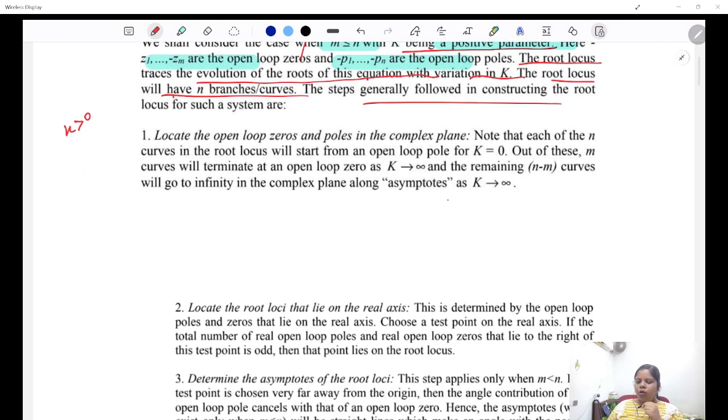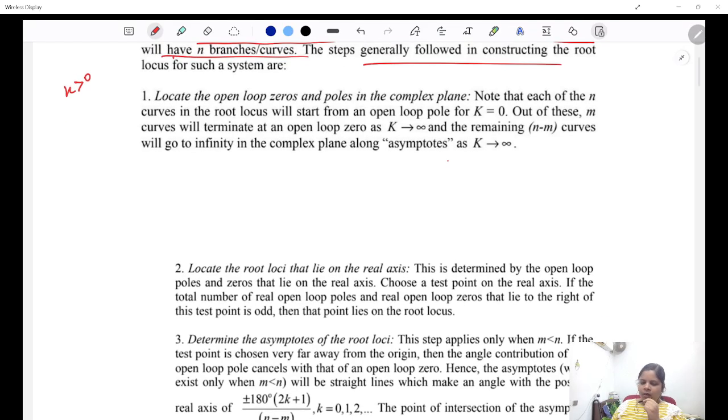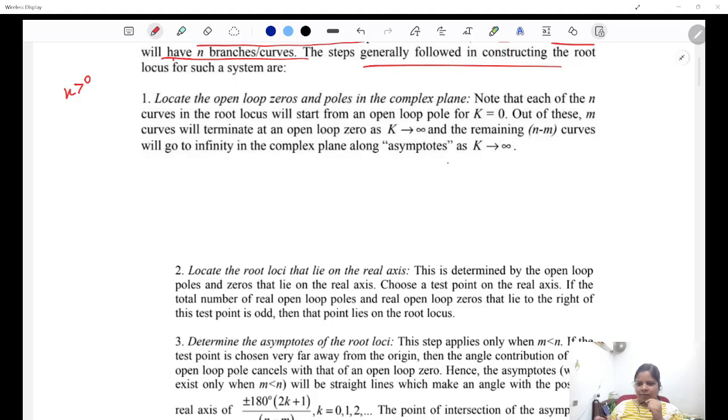So what do we do first? We first locate the open loop zeros and poles in the complex plane. I'll take you through the example that we went through in the last class, but still you have to locate all the open loop zeros and poles. Then you plot them on the imaginary and real axis, in the S plane.